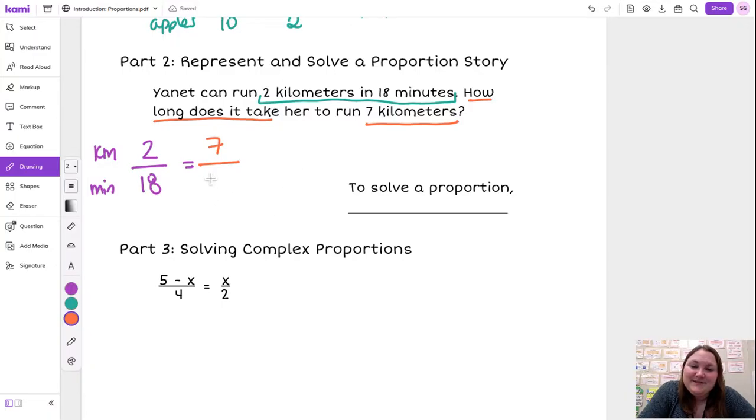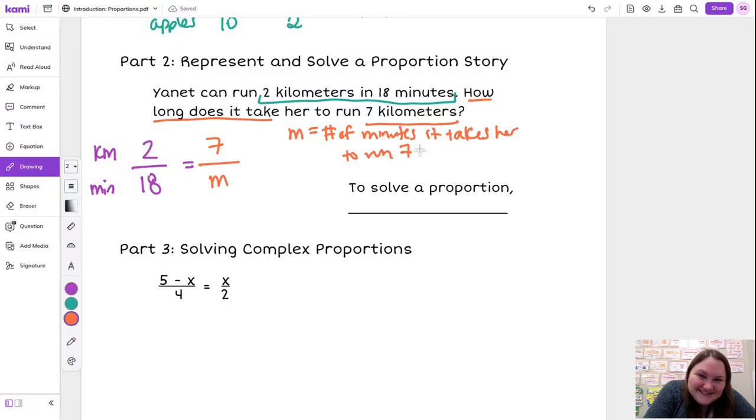So this is where I'll use a variable, maybe m, and I'll say m represents the number of minutes it takes her to run 7 kilometers. And now I have an equation that I could use to solve and help me answer this question.